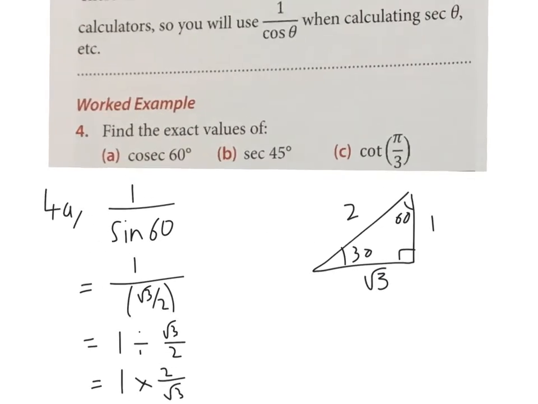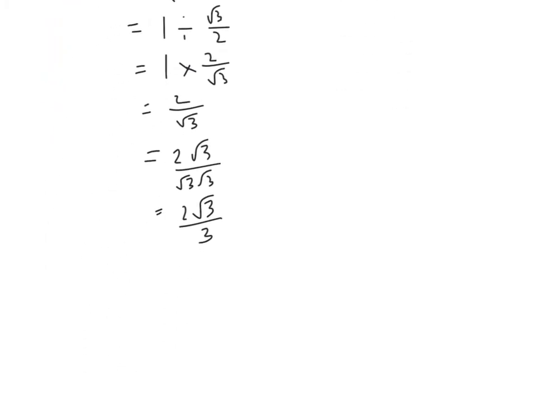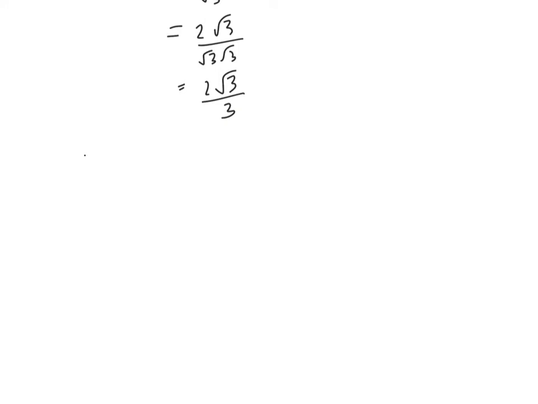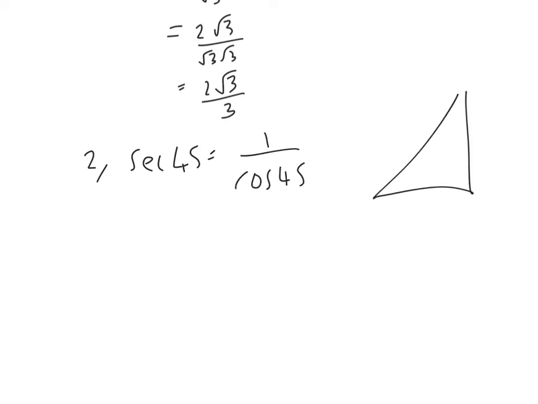Okay, second one is sec 45. Well, sec is 1 over cos, so 1 over cos 45, and then you need your isosceles triangle.